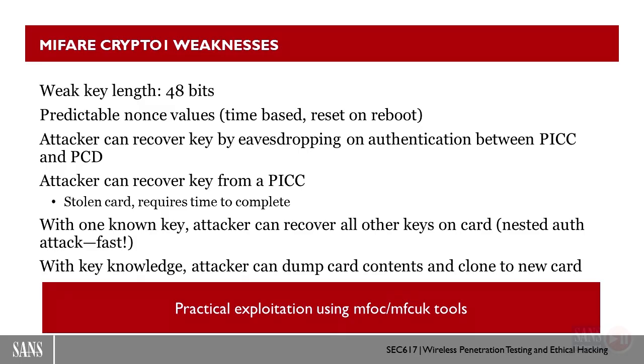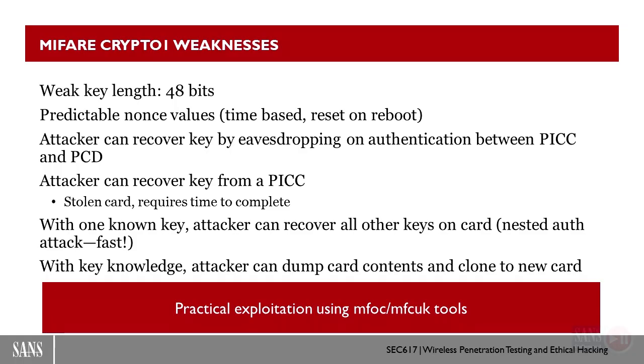We've got some problems with Crypto 1, affectionately known as Crapto 1. The keys are not terribly long, they're 48 bits, so potentially we could brute force that. That's not terribly long, but would take some time. The nonce selection, the unique number selection, is not terribly random because we can predict the nonces based on reboot times, that answer to reset.